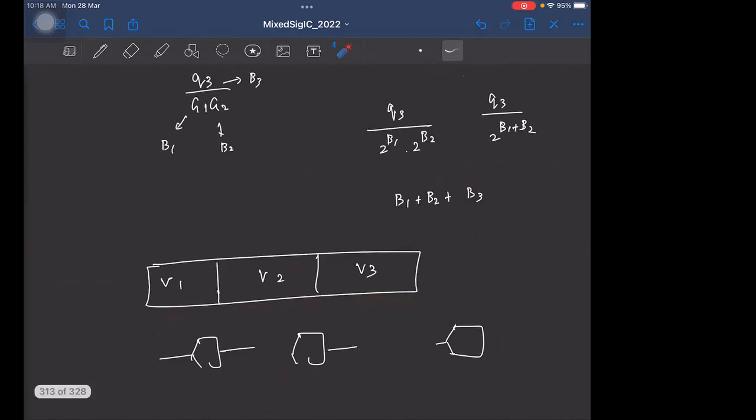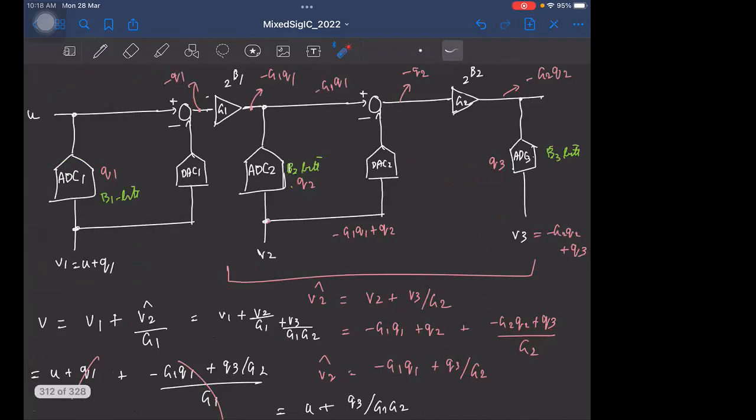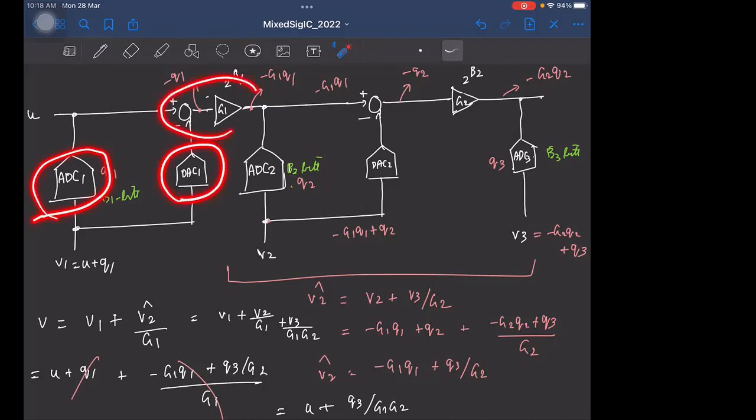But of course, in practice, you will have a lot of non-idealities. And the only 3 blocks that are here are the ADC, the DAC, and this amplification operation. So we started to look at the non-idealities. First we looked at the non-ideality that can arise due to this ADC.